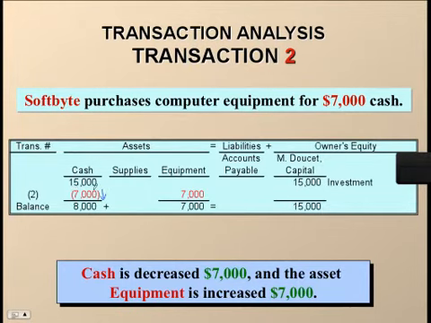Remember, the brackets represent a negative, or sometimes we put minus signs in front, but if you see brackets around a number, it means it's a negative number. As a result, our equipment went up $7,000. So again, here is the left and right side of our equation. It went down 7 on the left, and it also went up 7. So there was a net no change to the left, and as a result, no change to the right.